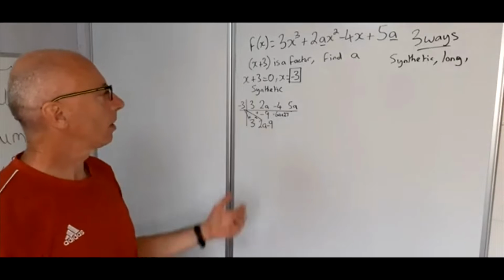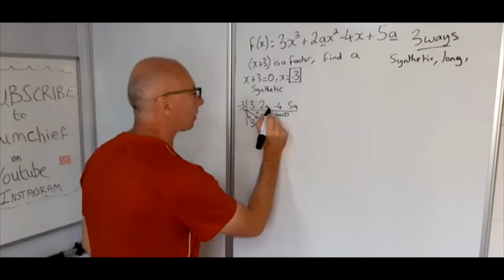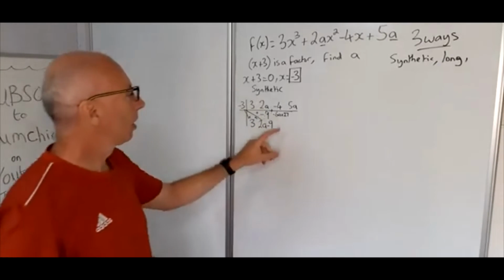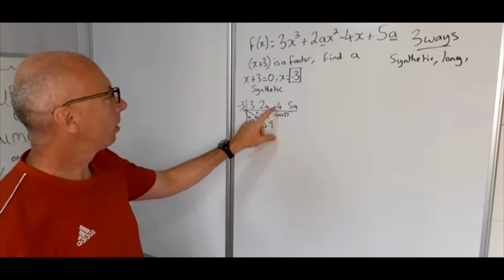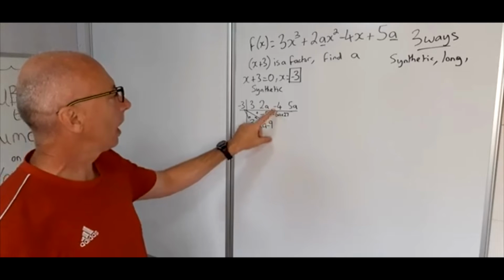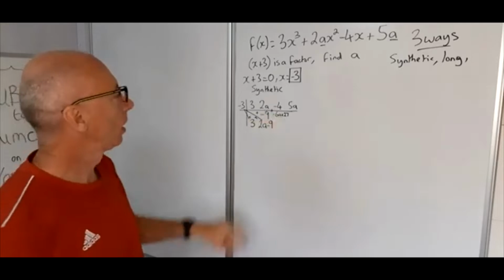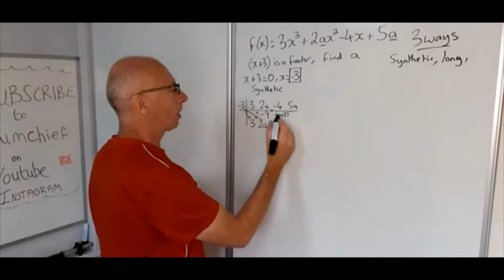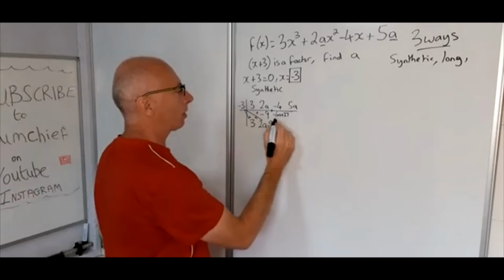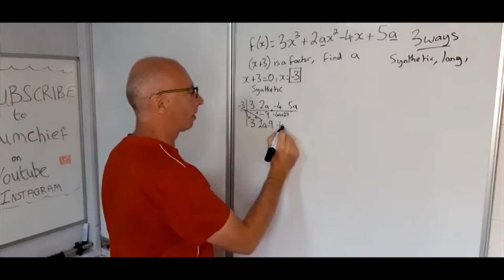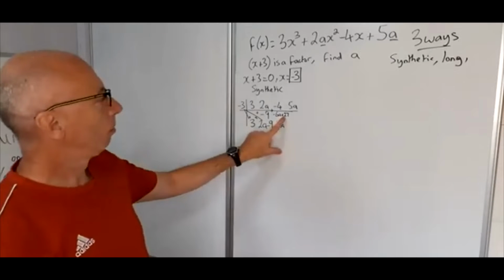Okay, so as we did before, we're now going to add these. So minus 6a plus 27 added with minus 4 is now going to give us minus 6a plus 23.